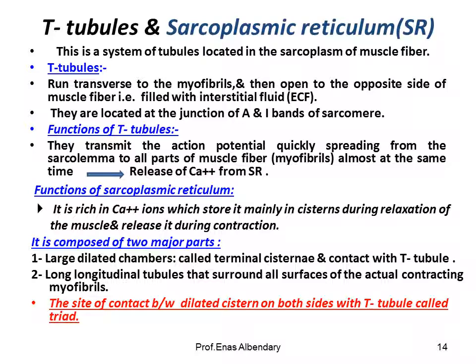T-tubules and sarcoplasmic reticulum. This is a system of tubules located in the sarcoplasm of muscle fiber, as we said before. The T-tubules run transverse to myofibrils, then open to the opposite side of the muscle fiber, filled with interstitial fluid.